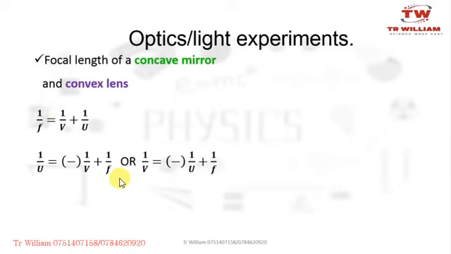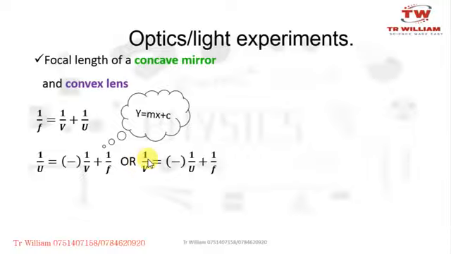In both cases they appear in the form of an equation of a straight line, where 1 over u is y, m is negative 1, x is 1 over v, and c is 1 over f. This implies that if you plot 1 over u against 1 over v, or 1 over v against 1 over u, one, the slope will be negative. Two, the intercept on that axis gives you 1 over f. So you'll be able to determine the focal length from the intercept on either of the axes.